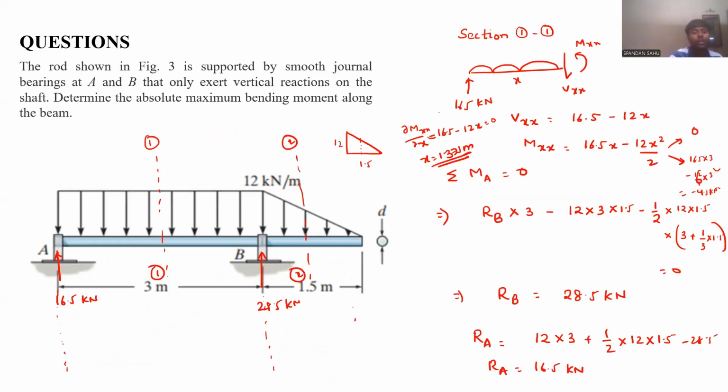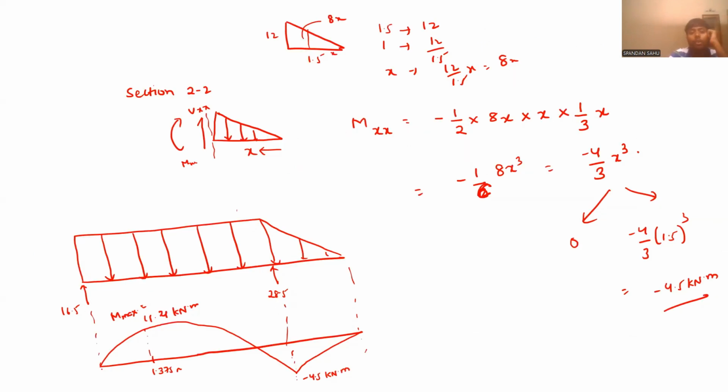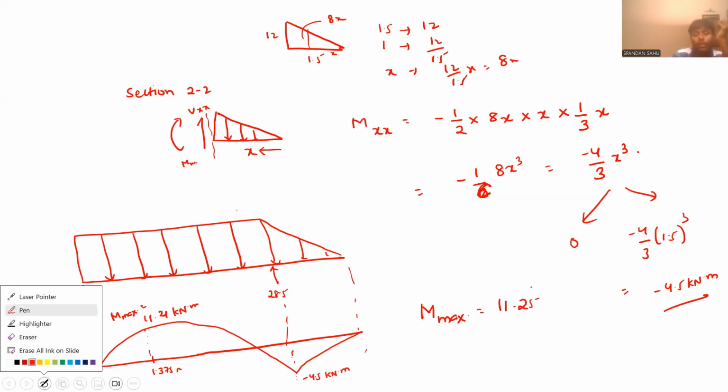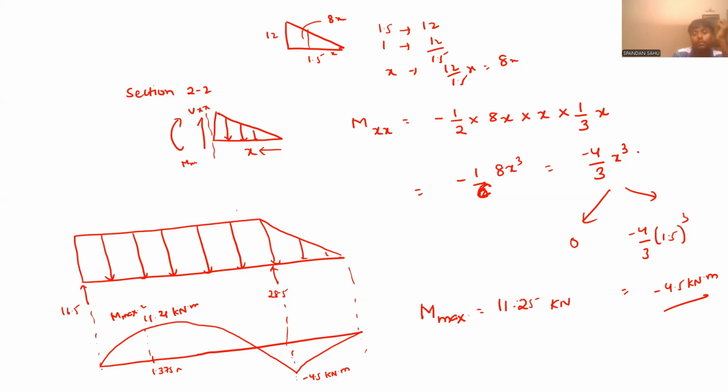Now after this, we have got the absolute maximum bending moment, which will be equal to 11.25 kilonewton meter. So this is the absolute bending moment.